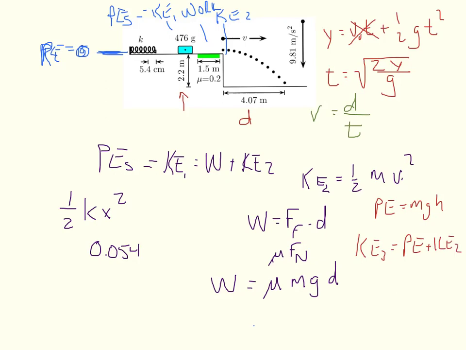So when you've got your mgh here and the KE that you already know, add those two together. So here's this one, here's that one, and that'll give you a new kinetic energy equals 1/2 mv squared, and then you can find out your new total speed, because you'll have to have KE plus PE equals KE to get your speed at the bottom point.